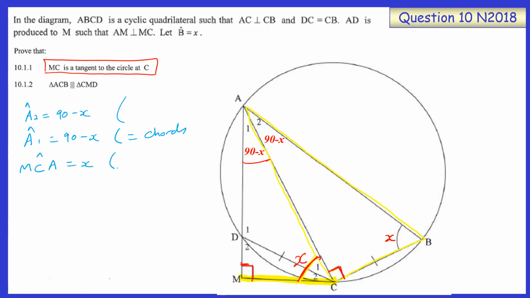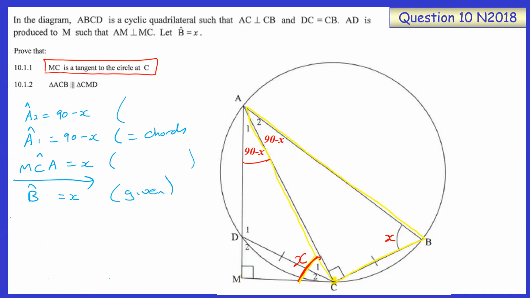And now to find angle C1 and C2, the actual name there is MCA. What will my reason be here? Sum of angles of a triangle. Are you happy? Yes, sir. And then we got MCA is equal to X, angle B is equal to X. Why is angle B equal to X?